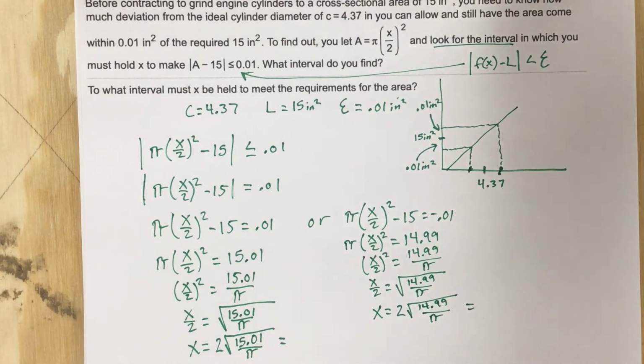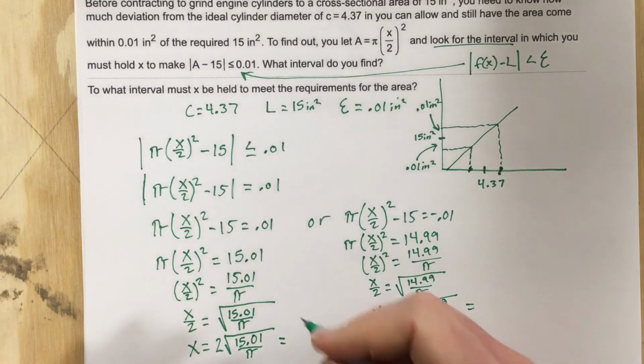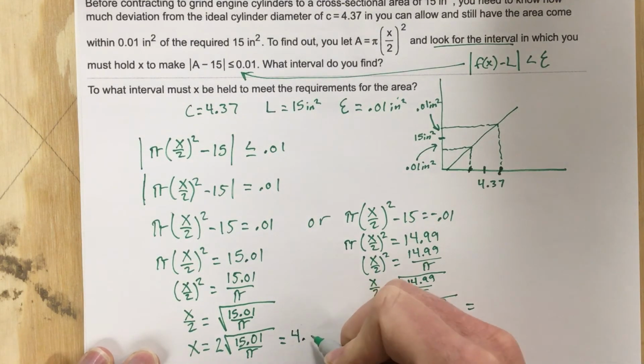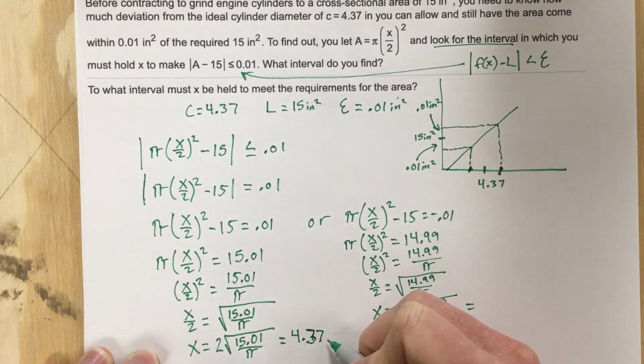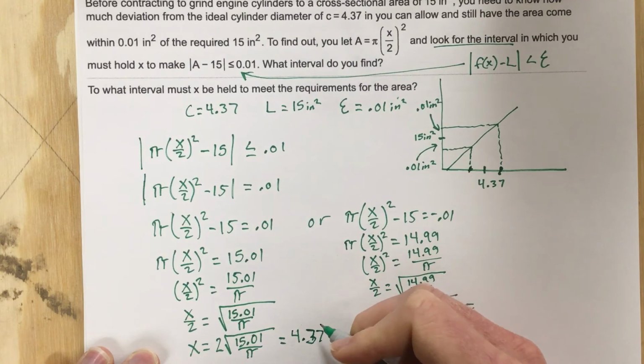So we're going to go ahead and put those in. 15.01 divided by pi. Then we're going to take the root of that number and multiply it by 2. And we get 4.37, oh, what do they want us to round to?